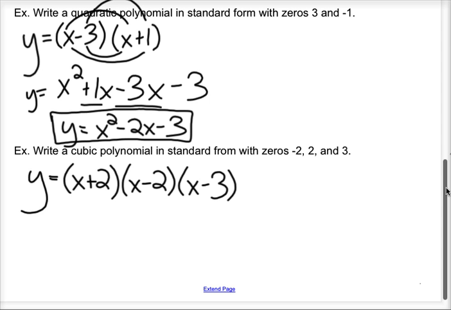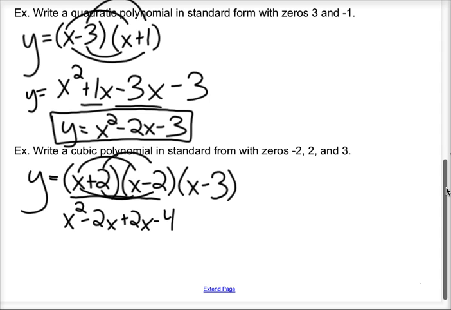Okay, so I'm going to start by foiling out these first two. X times x is x squared. X times -2 is -2x. 2 times x is positive 2x. 2 times -2 is -4. Combine our like terms.